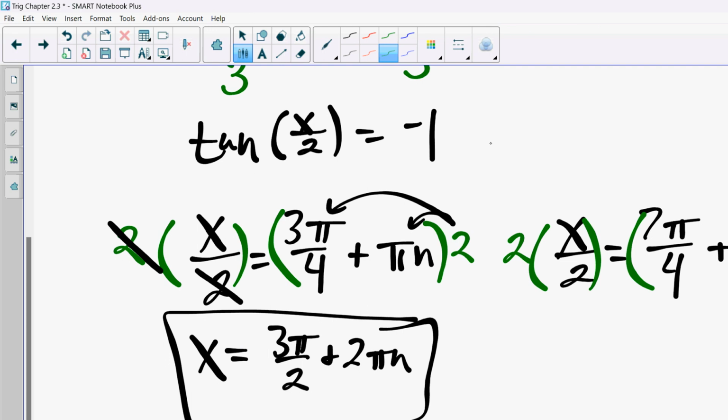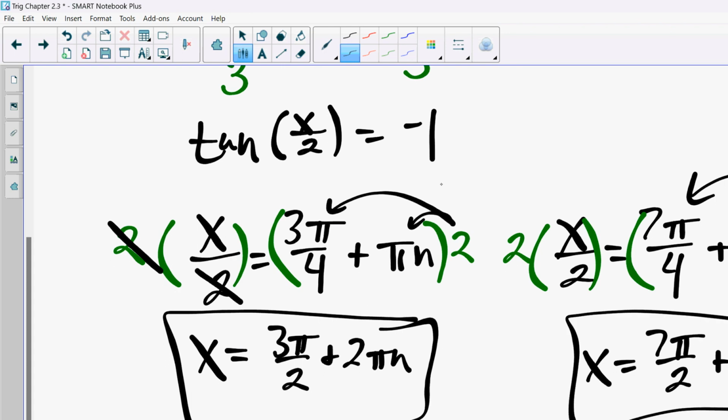We'll do the same thing to the other set. x over 2 times 2 is just going to be x. 7 pi over 4 times 2 is going to be 7 pi over 2 plus 2 pi n. And that's it.